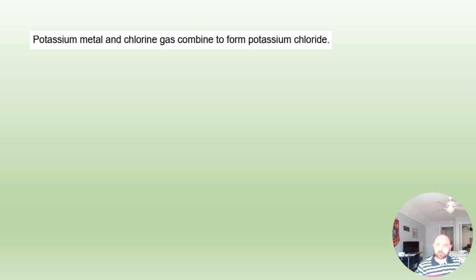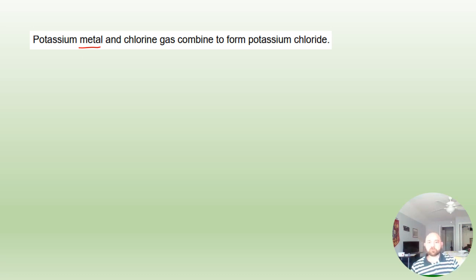So there's a couple of things that we need to remember as we read this sentence, and to understand what forms of these materials they want us to write down. So when you read a sentence that refers to a chemical equation and it says something like potassium metal here, the word metal there is the operative part of this sentence.